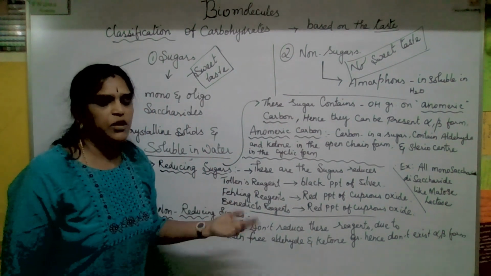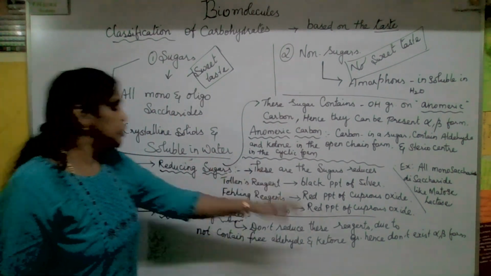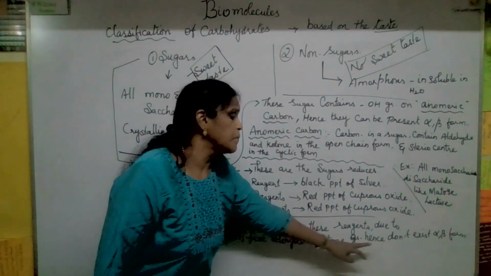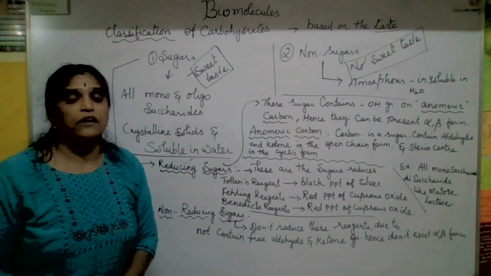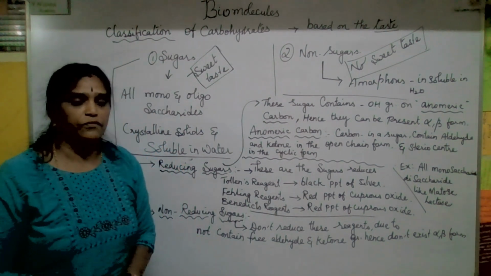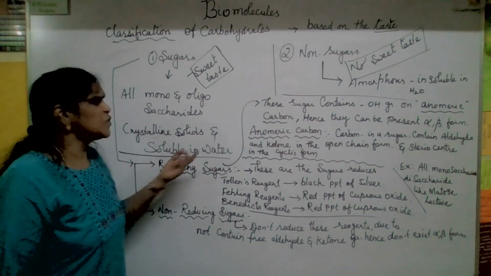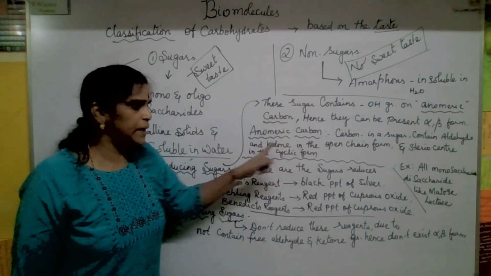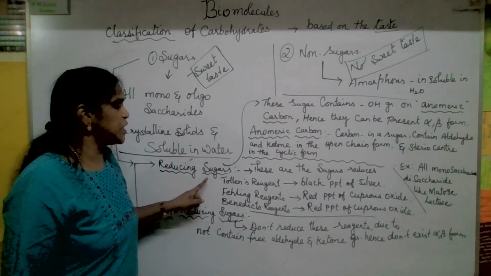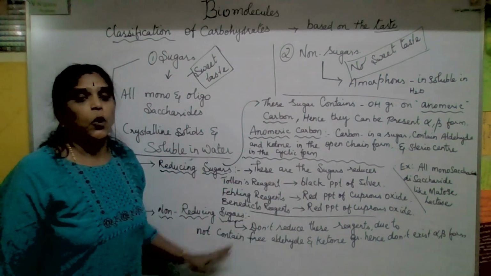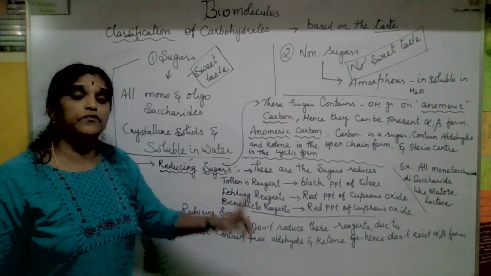Through these reagents it cannot reduce, because it does not contain a free aldehyde or ketone group, hence they do not exist in alpha and beta form. Hope you're clear with it. They may ask the question, what is anomeric carbon or what is a reducing sugar? Give examples. In that way, they may ask the question. Hope you're clear with it. Let us go for the next question.